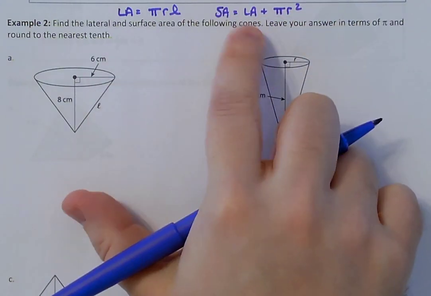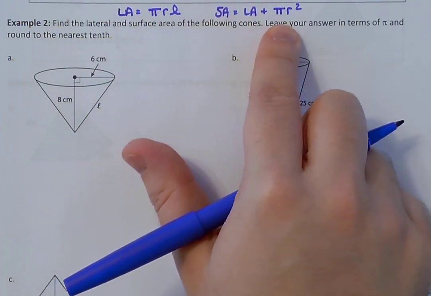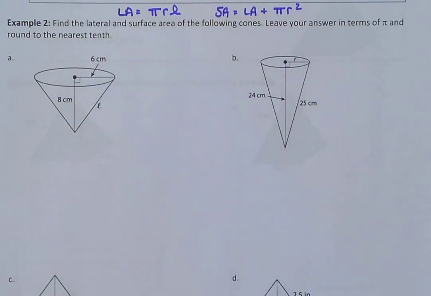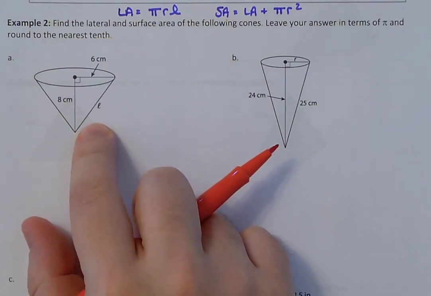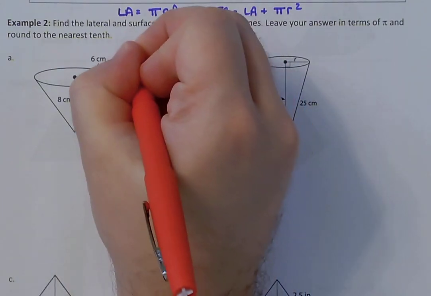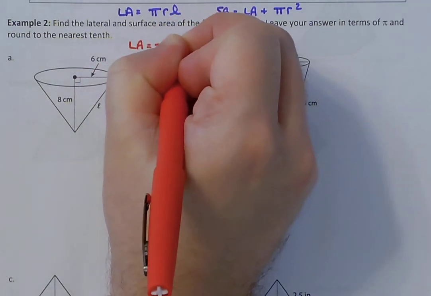We're going to add the lateral area we figured out with pi r squared. So you only need to know two things, your radius and your slant height. If we look at example 2, part A, we need to figure out the lateral and surface area of this cone. Lateral area is pi r L.